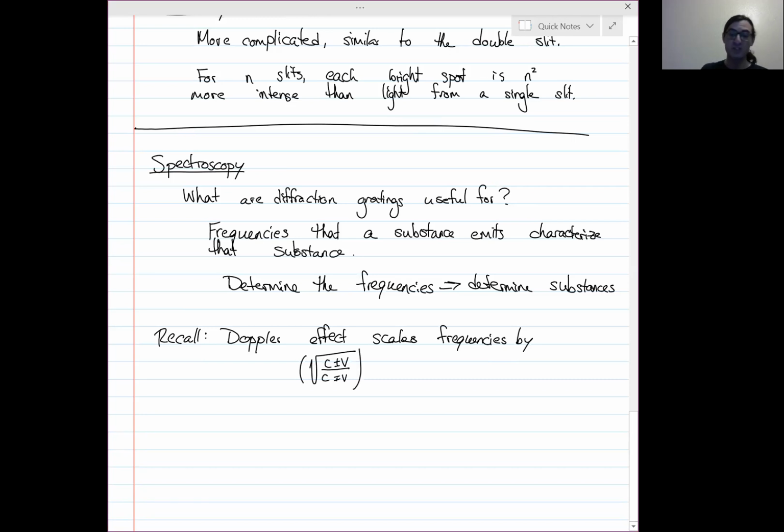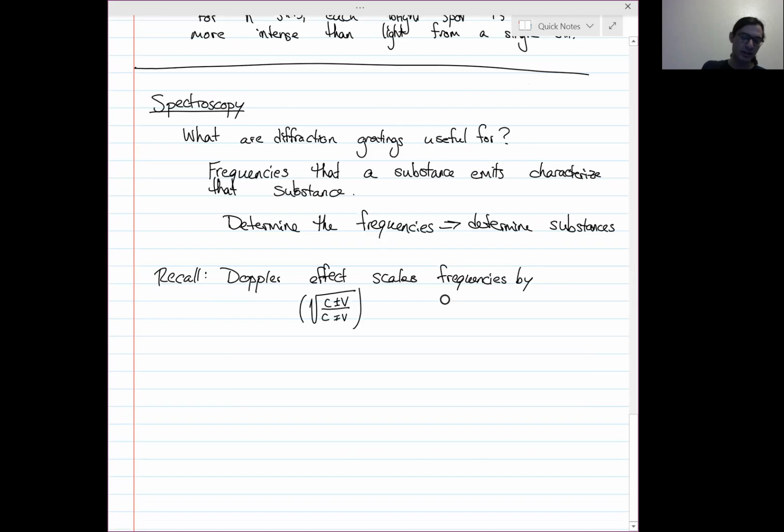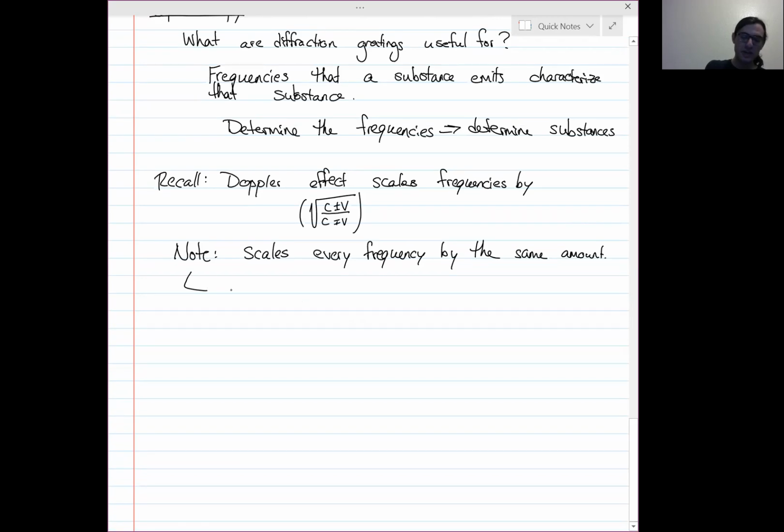That was the factor, and we covered that, I think, in the second lecture. So the thing to note here is that, which is useful. That means that a given substance has a fingerprint.